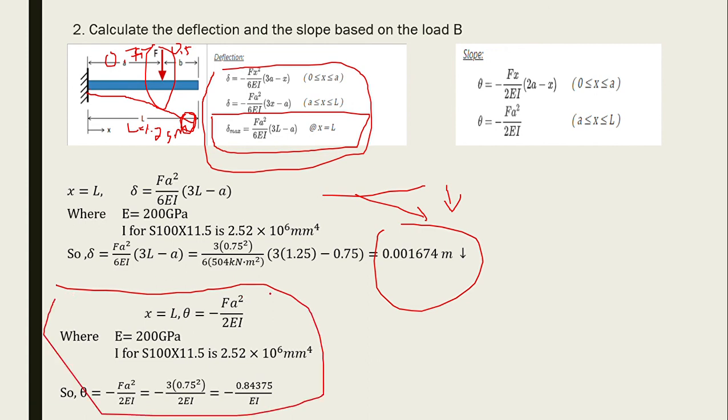For the slope itself, it's the same as with the previous load, but the difference is the equation properties. We use this when x equals L. Then we got this point.